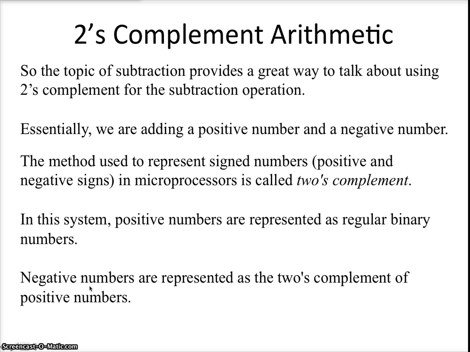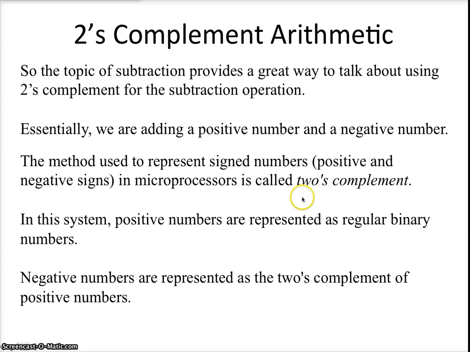The topic of subtraction provides a great way to talk about using this thing called 2's complement. So what we're doing is essentially adding a positive number and a negative number. That's the way we do it in binary.